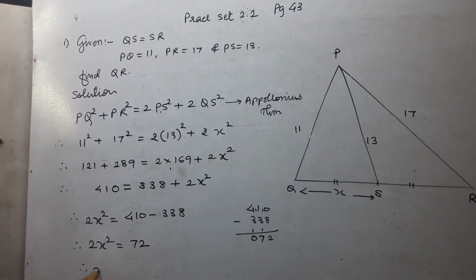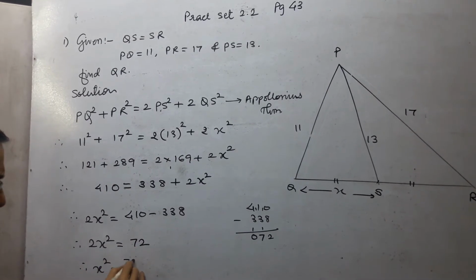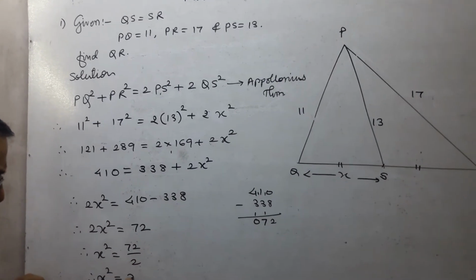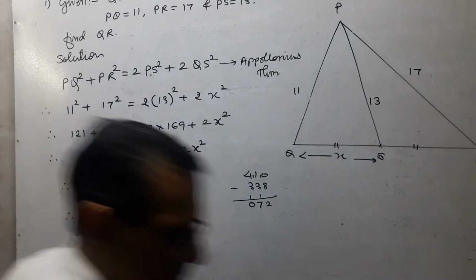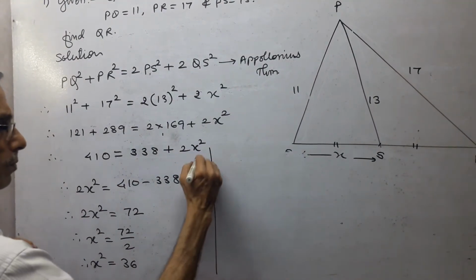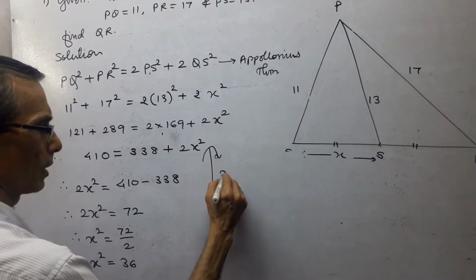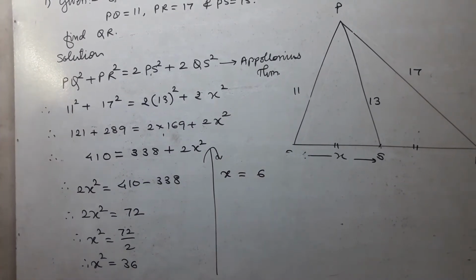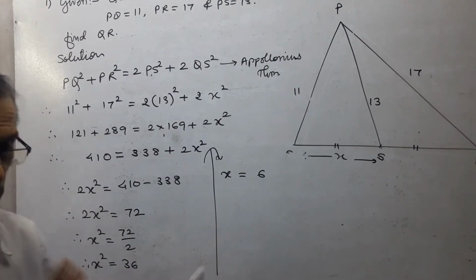And therefore x square is equal to 72 upon 2, and therefore x square is equal to 36. Taking the square root, x equals 6. Actually plus or minus, but minus we are not going to take. So write directly 6.